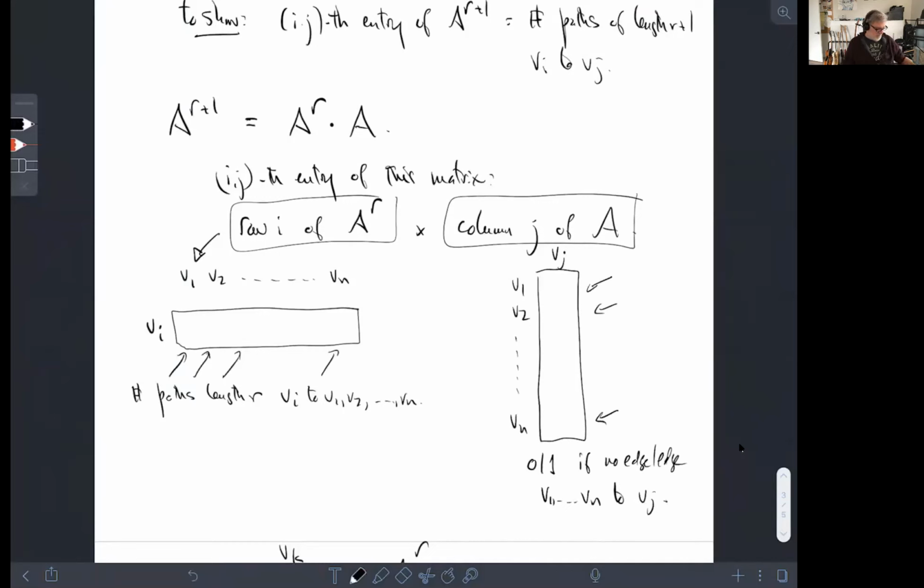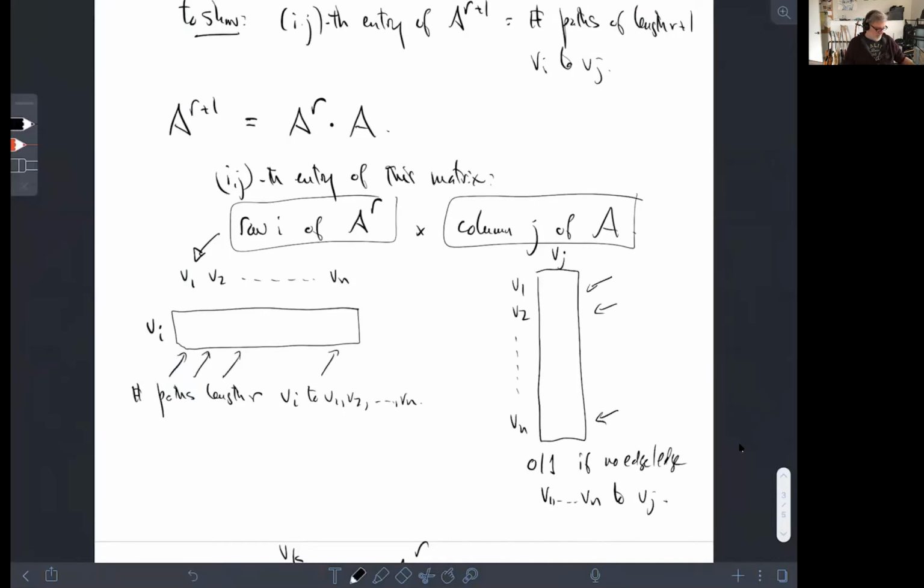So I'm multiplying this row times this column. So what does it mean? Okay, what I'm hoping to get is the number of paths of length R plus 1 from VI to VJ. So what's the connection? Let's see the connection.